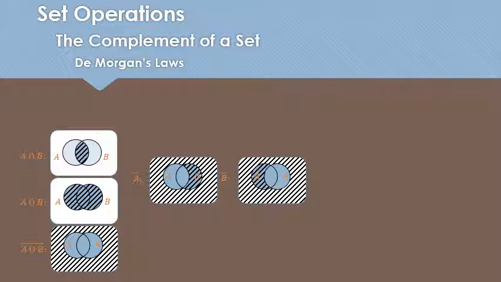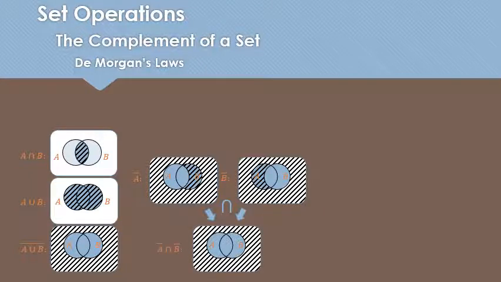And then we want to figure out how we can combine A complement and B complement to get the complement of A union B. And the magic operation that works here is the intersection. If we just take what's common to A complement and B complement, what we get is this set, A complement intersect B complement, which is the same as the complement of A union B. So we can do that using Venn diagrams.